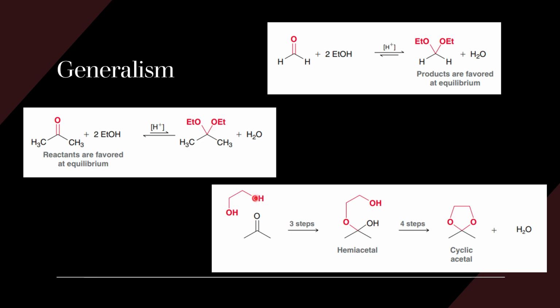So on one side it looks like ROH, and on this side, it looks like ROH. And so in the end, I know that I should attach an O with this guy on one side and then an O with this guy on the other side. And you can see through the mechanism that in fact we did attach it like so. And so this is how we can form a cyclic acetal.